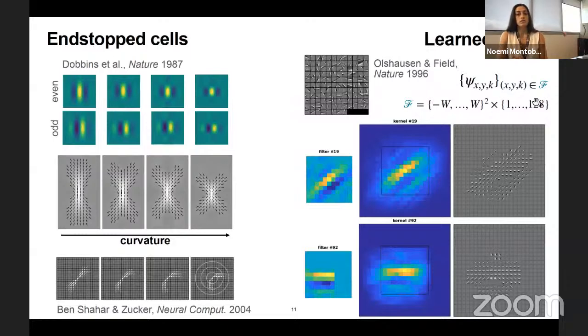So the other features are not explicitly parameterized. And even in this case, what we obtain in the induced association fields is a pattern of collinearity and co-circularity, even though the orientation was not explicitly parameterized.